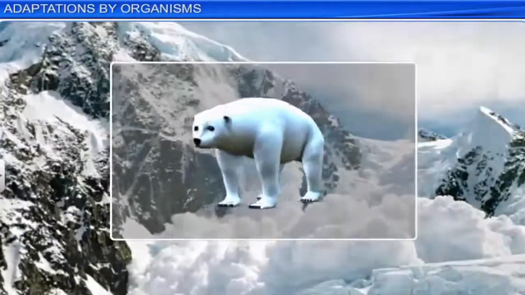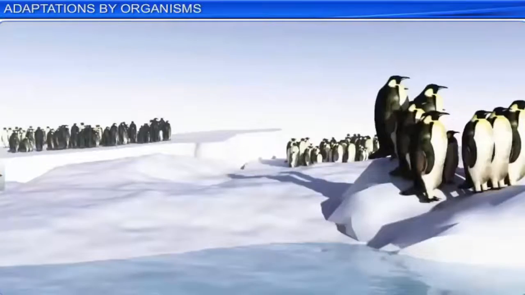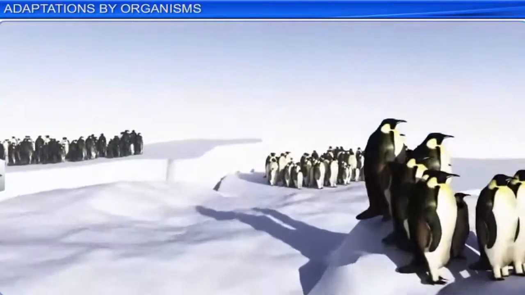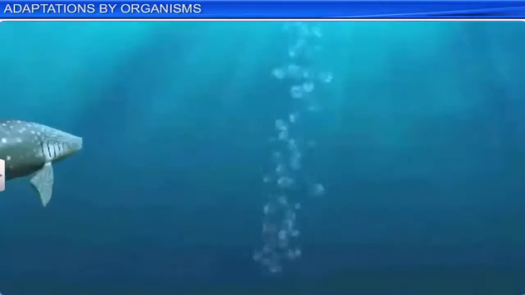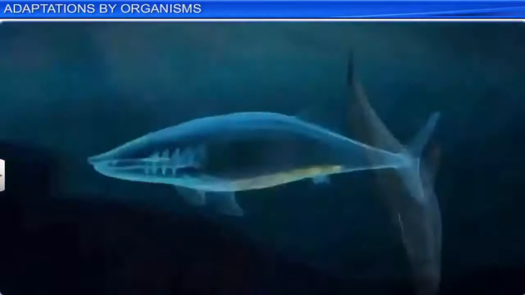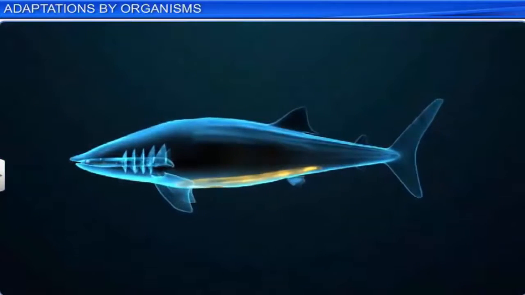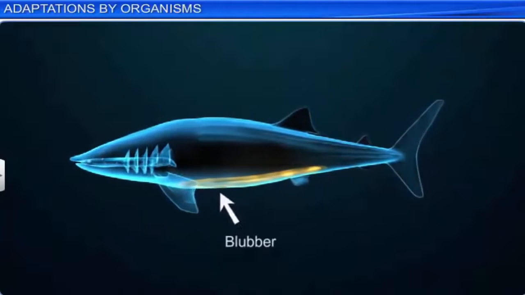This adaptation is called Allen's rule. Moreover, in the polar seas, aquatic mammals such as seals, whales and dolphins have a thick layer of fat known as blubber below their skin, which acts as an insulator and minimizes the loss of body heat.